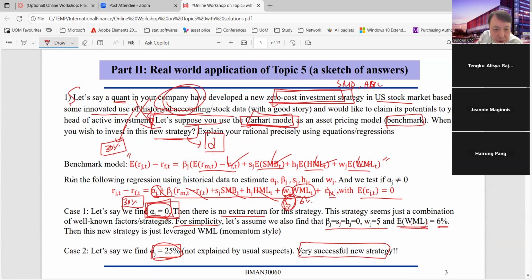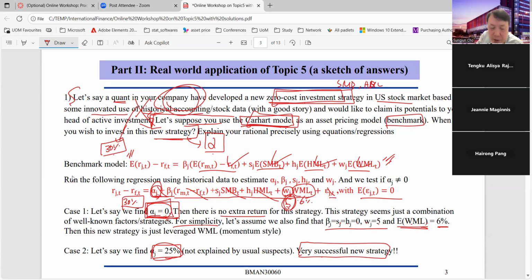Now, if you think about this, if you understand this whole step, you may be able to ask the following thing: what if the CART model is not the right model? Then, even though you find alpha here, that may not say that you can find alpha if you use something like the Fama-French 5-factor model.